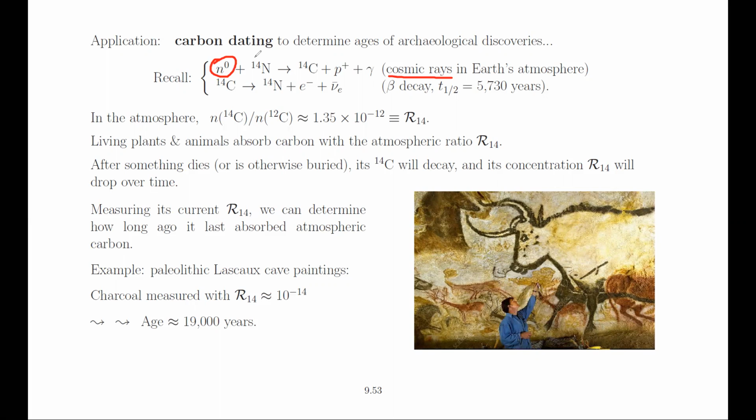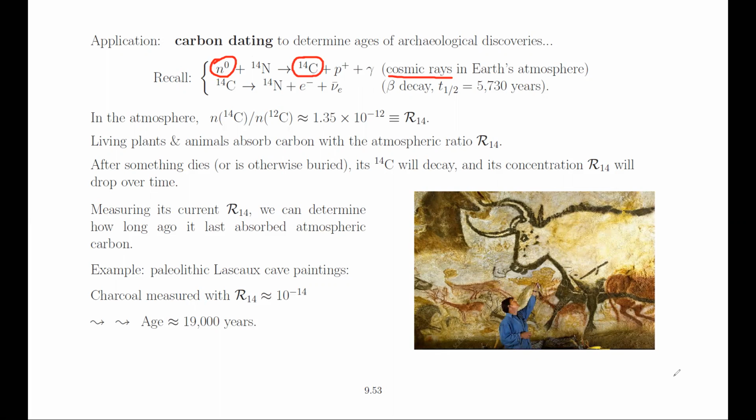Air is mostly nitrogen. And when this happens, you can have a neutron capture reaction where the neutron is absorbed into the nucleus, but then it kicks out one of the protons, and it creates this unstable carbon-14 nucleus.